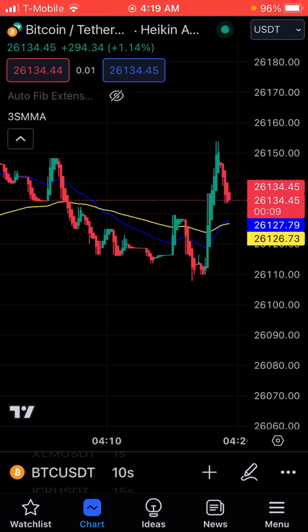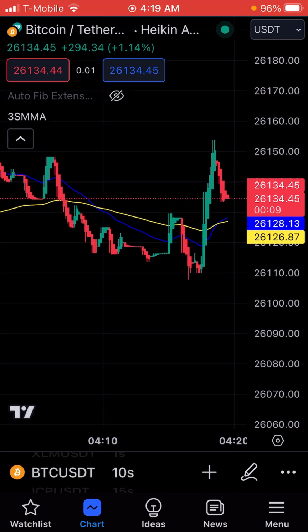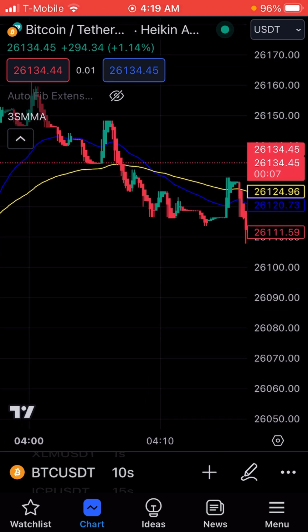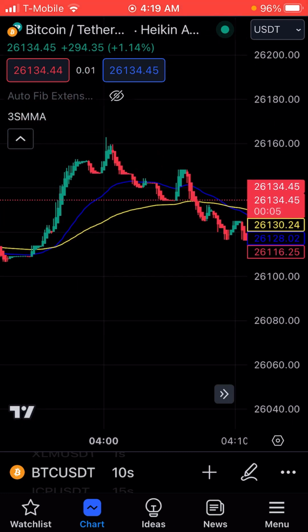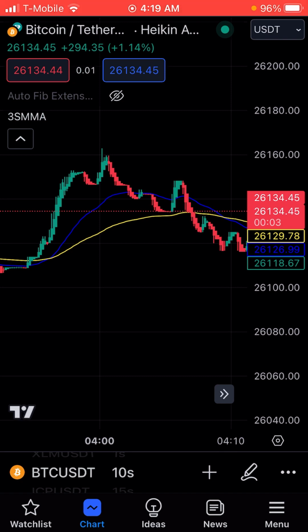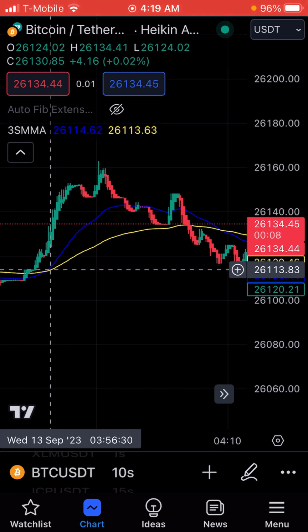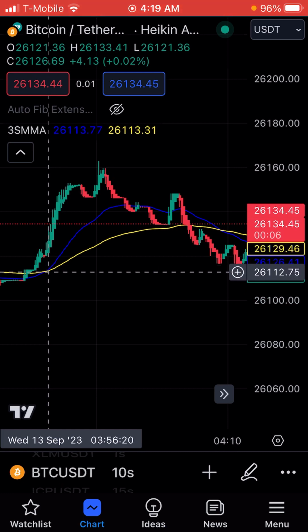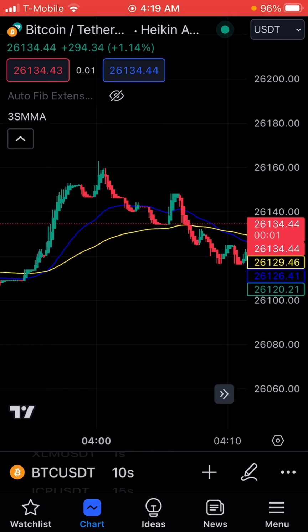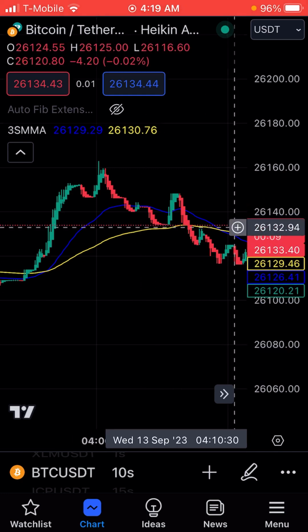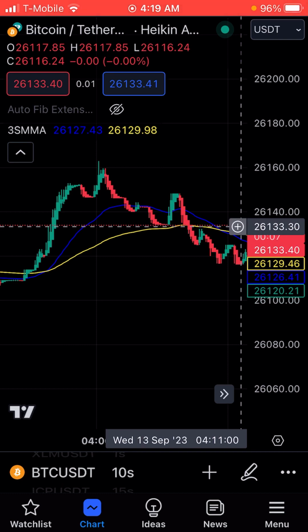So basically the whole point of the strategy is to do it on the 10-second candle if you have an upgraded account, and every time it crosses, that's your moment of getting in. They're not all going to be winners, but what you will find is if you go from cross to cross right here, the last time it crossed up, Bitcoin's price was at 26,112, and then it didn't cross again until 26,133.